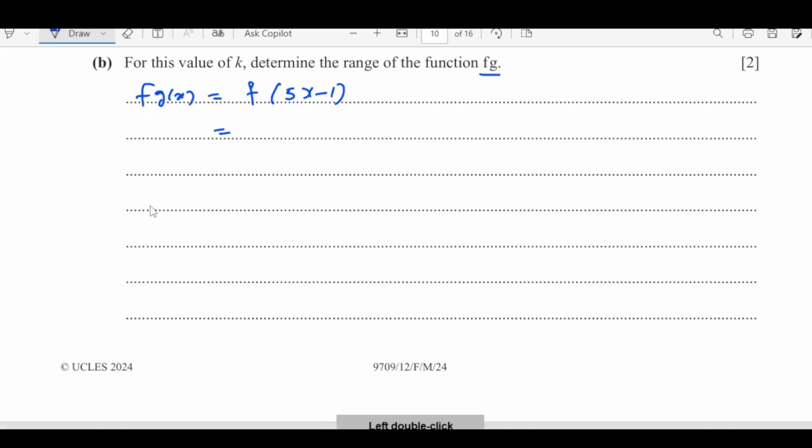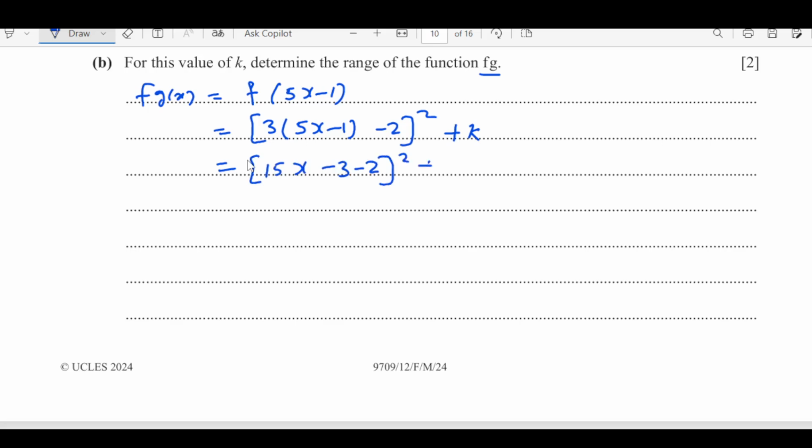This will give us 3 times (5x minus 1) minus 2, squared, plus k. Now just expand this one. This is going to be (15x minus 3 minus 2) squared plus k, so (15x minus 5) squared plus 8.